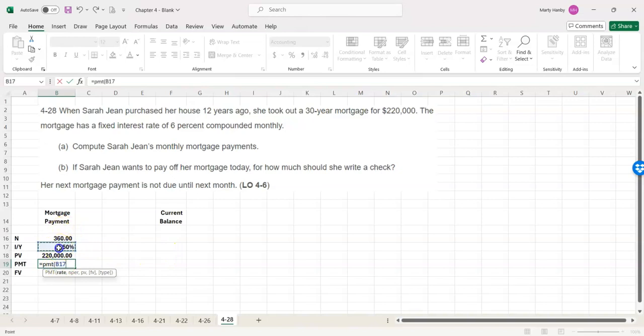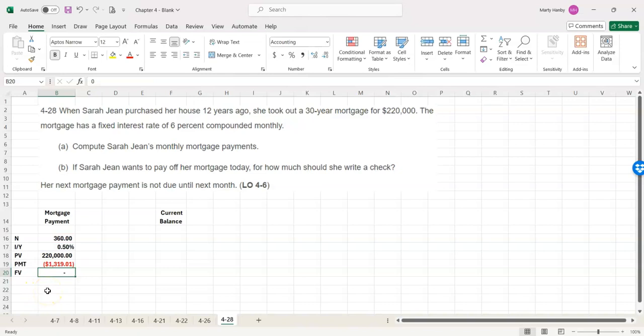So my rate is 0.5%. The number of periods is 360. The PV is $220,000. And you don't have to enter the future value, but you can, which I choose to. So $1,319.01 is her monthly payment.